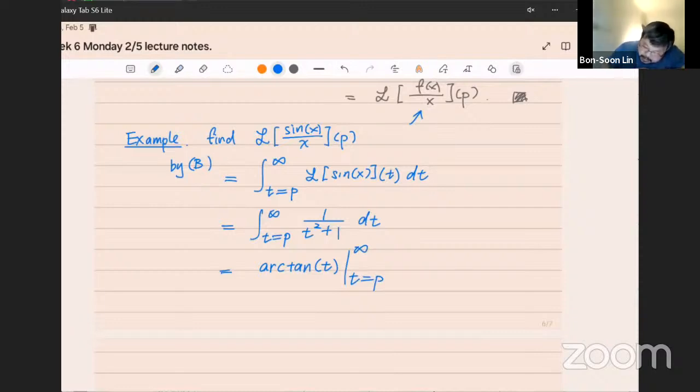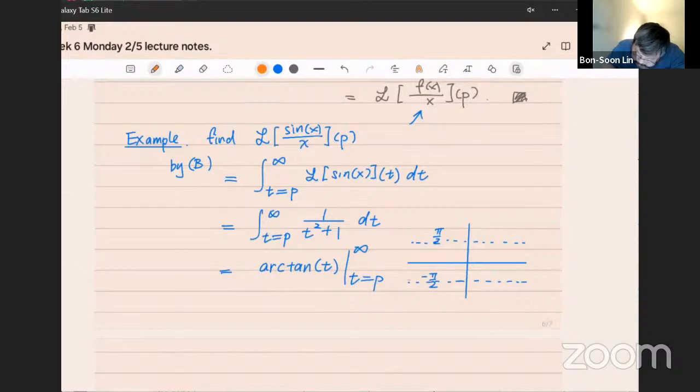Now, let's think what these are. The arctangent function, if we were to graph it, has horizontal asymptotes at pi over 2 and minus pi over 2. It is an odd function, and it looks something like this.